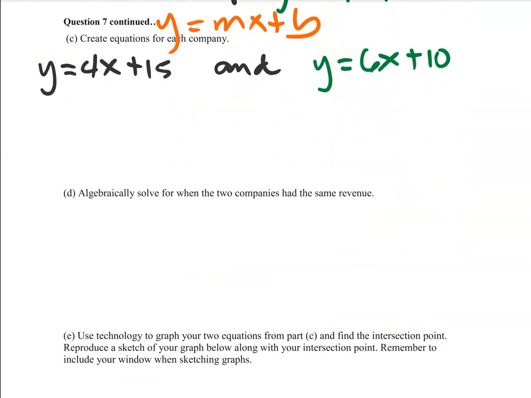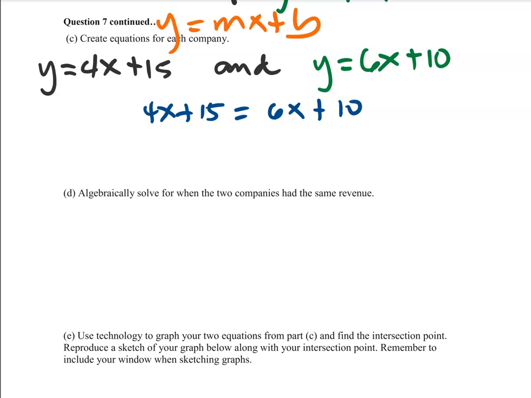And then algebraically solve this using systems of equations. So remember what we did? Since they're both equal to y, you can make them equal to each other. So 4x plus 15 is equal to 6x plus 10.